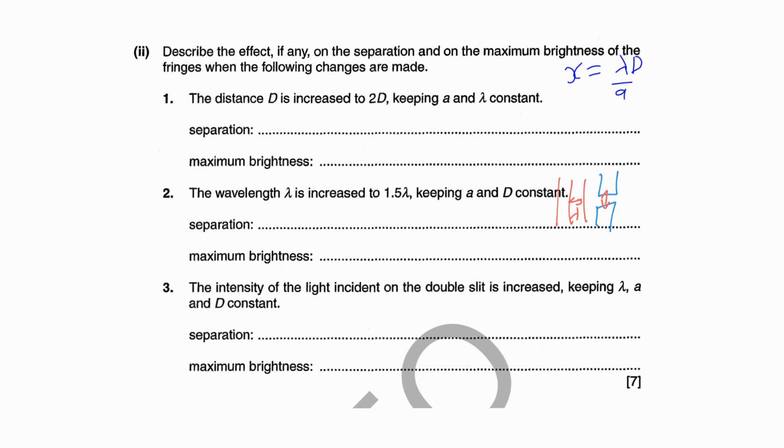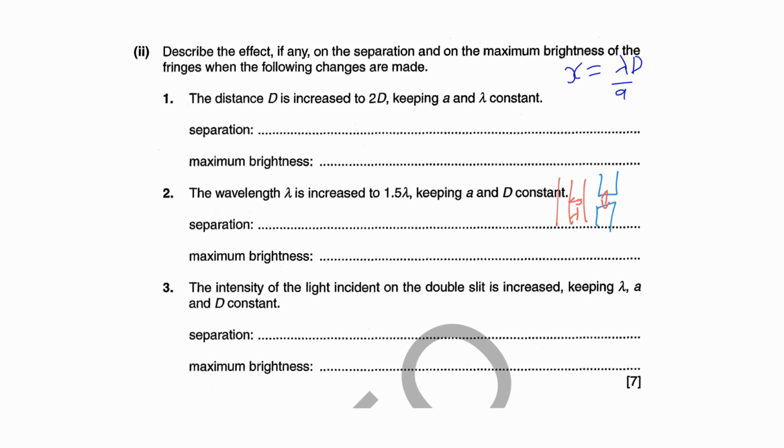So let's say we have a situation where the wavelength lambda is initially much smaller than the gap, so very little diffraction occurs. But when you increase the wavelength, so now it is almost similar to the gap, it will spread even more.